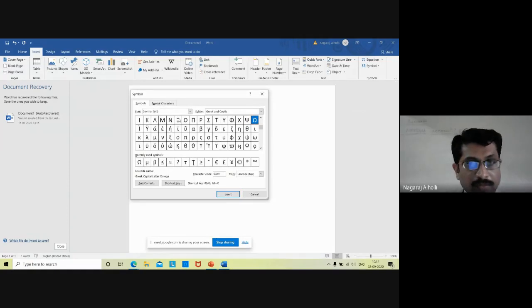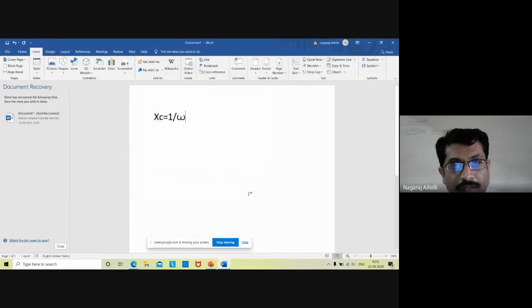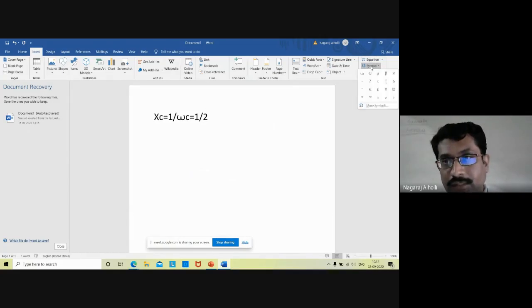It is 1 divided by omega C. Omega is 2 pi f, so I can write it as 1 divided by 2 pi fC.